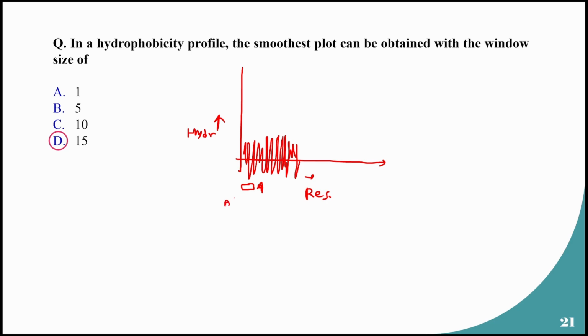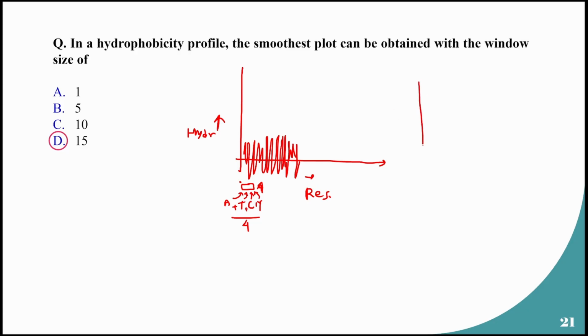So for amino acid A present here, let's say threonine here, cysteine here, and tyrosine here, you put all of these amino acid values into this window, you add them, and divide that by 4. That will be the average hydrophobicity value for this particular window.